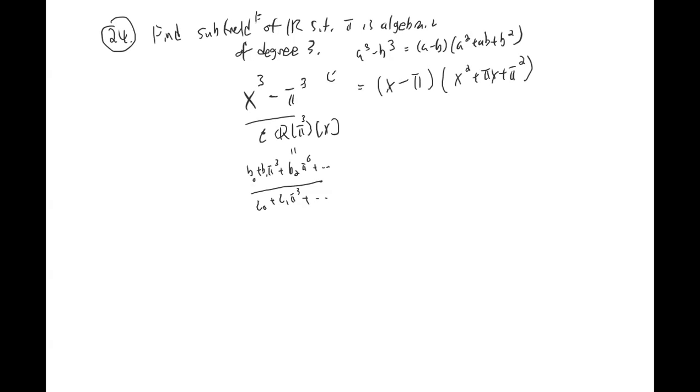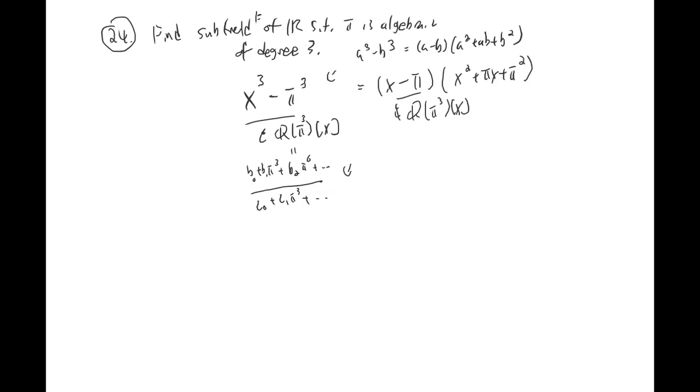Pi is certainly not in here because you only have multiples of powers of 3 of pi. So it doesn't factor like this, so this is not in Q adjoin pi cubed of x. So we are done, because pi is not in there.